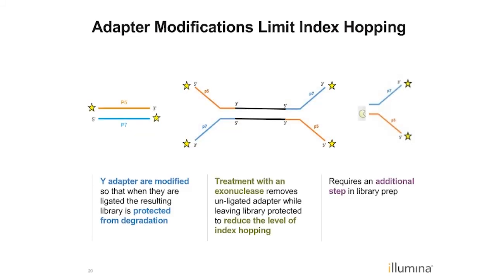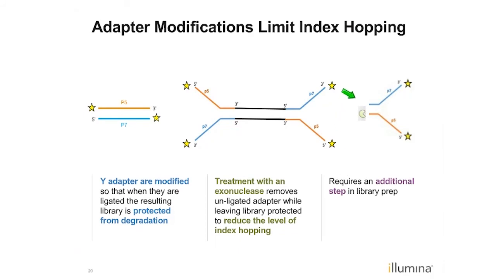The other thing we're doing as part of these new adapters is building in specific modifications. You can imagine that after the ligation process, these ends are exposed to solution, if you will, the 5' end of this strand and the 3' end of that strand. So in the duplex state of the adapters we block those ends, and if they are not ligated together, we can use various treatments to fix that problem.